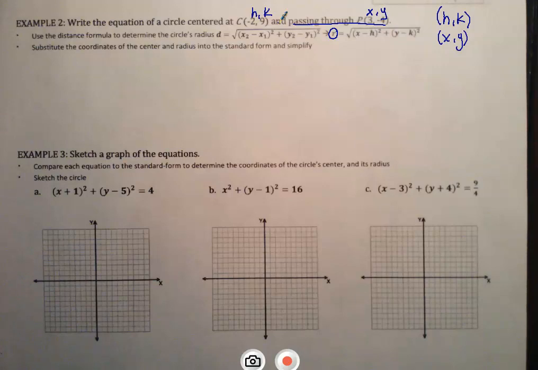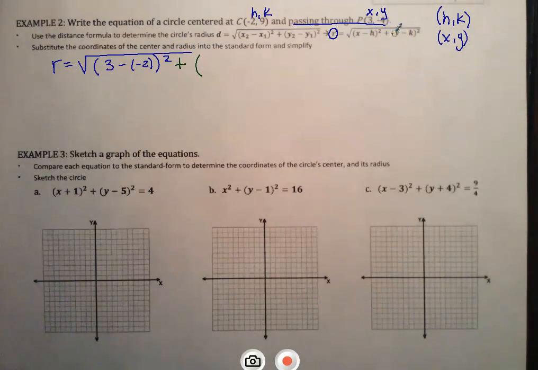All right, so let's start with this distance formula, or the radius formula. We're going to do the radius equals the square root of our x value, which is 3, minus our h value, which is -2, and that quantity is squared. Let me change up colors here. Then we're going to do plus, let's get to our y.